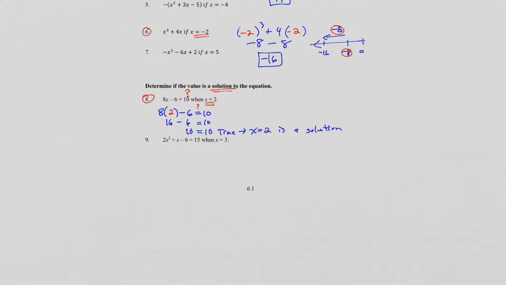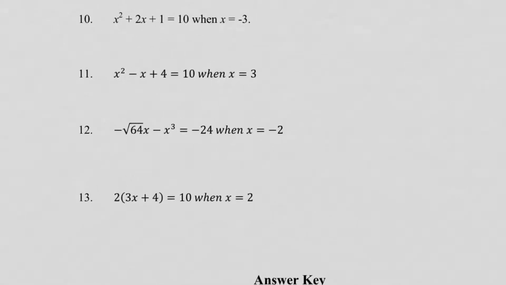Let's go ahead and go to the next page. And we have 10 here. And so again, we're going to evaluate with this negative 3 to see if we get a 10 here. So the question is, are we going to get a 10 from this?